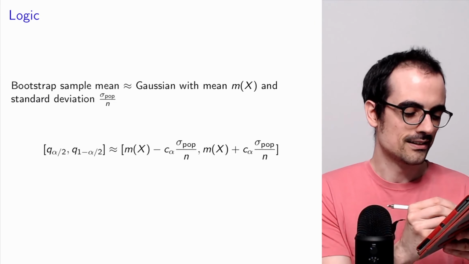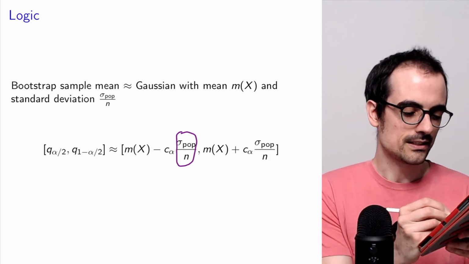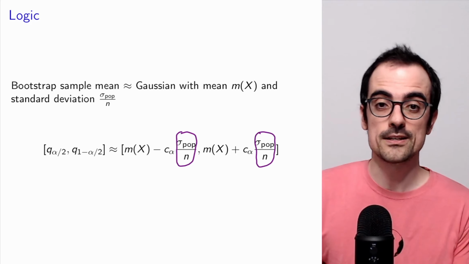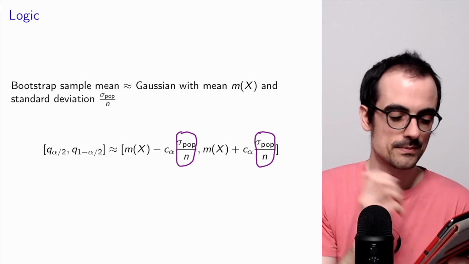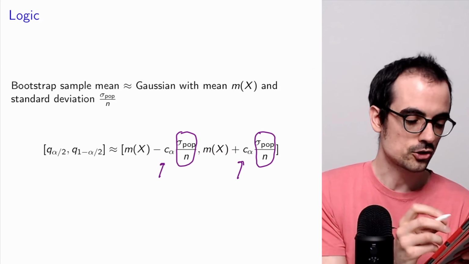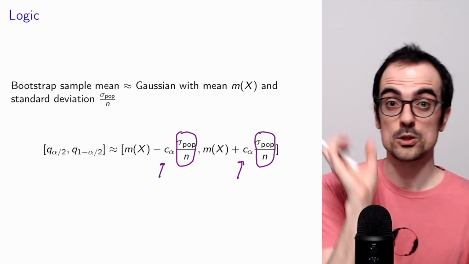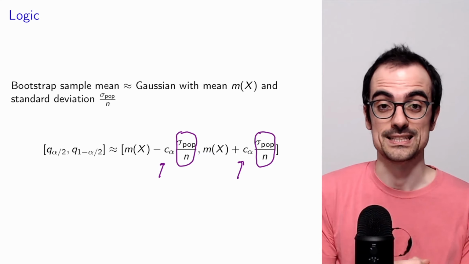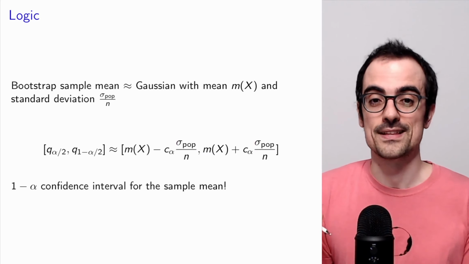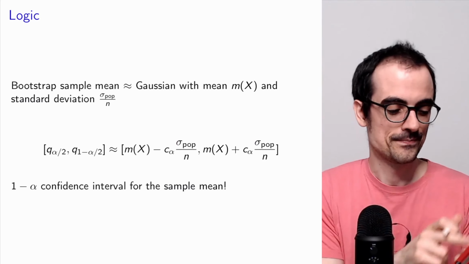We're taking the standard deviation of the actual sample mean, and we're multiplying it by a certain constant so that the interval contains 0.95 of the probability. This is exactly a Gaussian confidence interval for the sample mean.